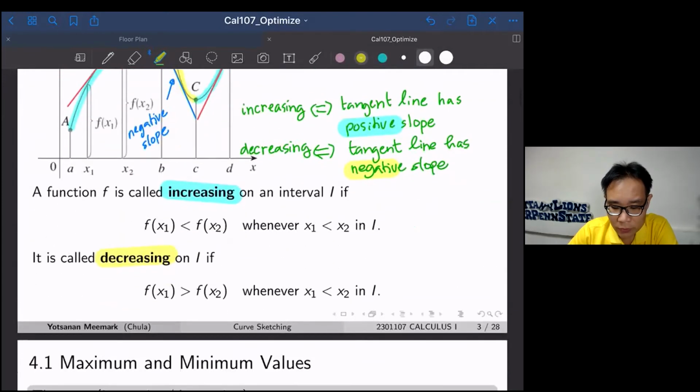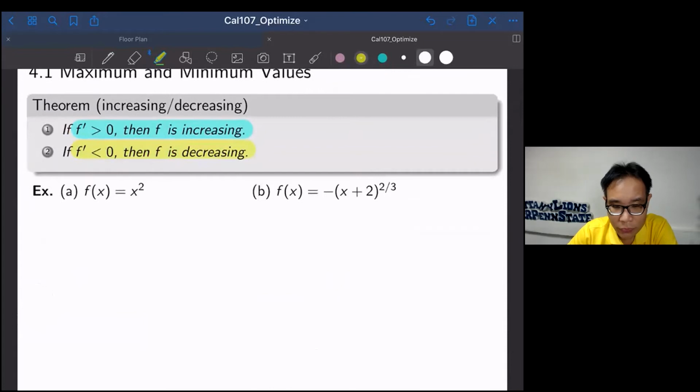So we can use the derivative in order to determine decreasing and increasing for us. So for f(x) equal to x squared, if you graph this one, you're going to obtain a parabola open upward.